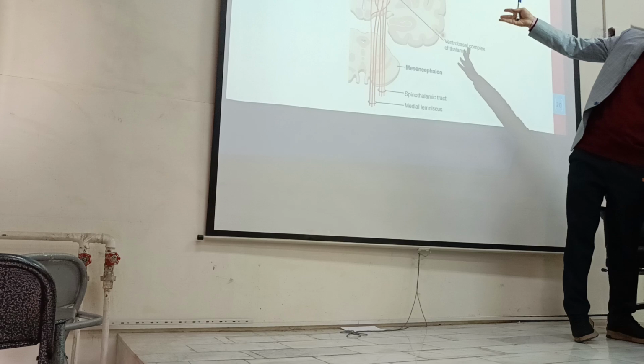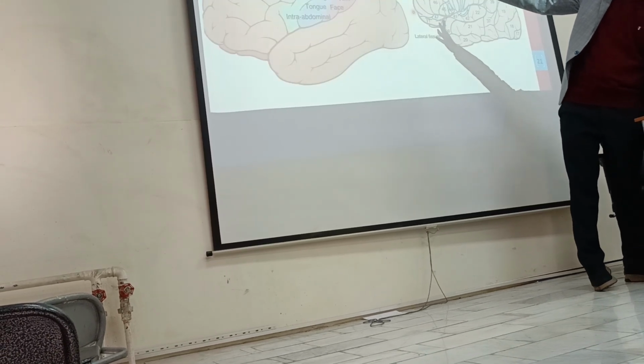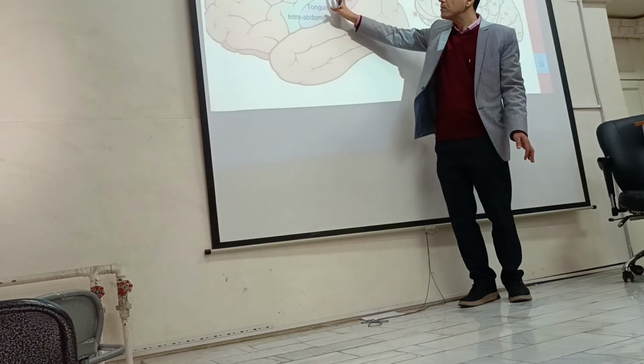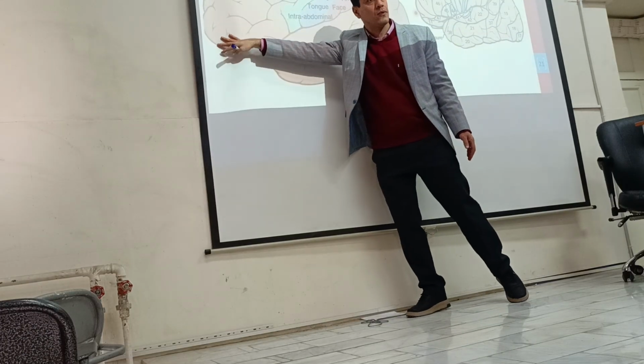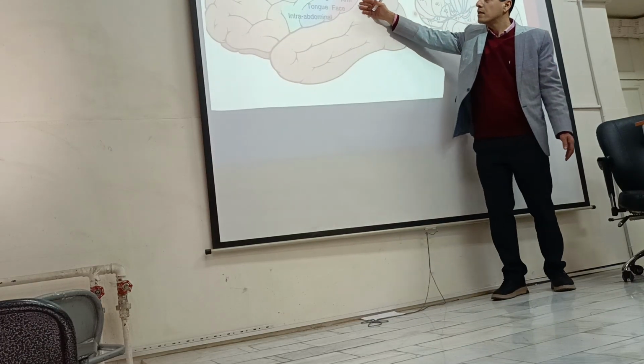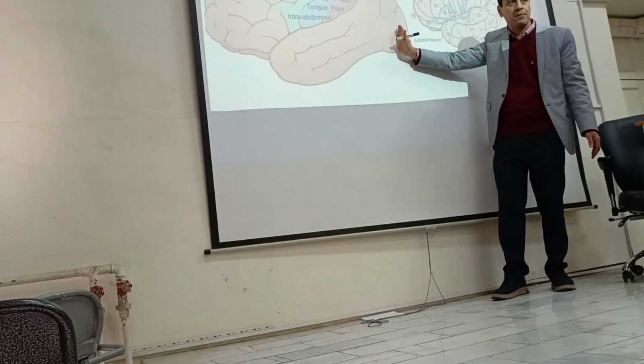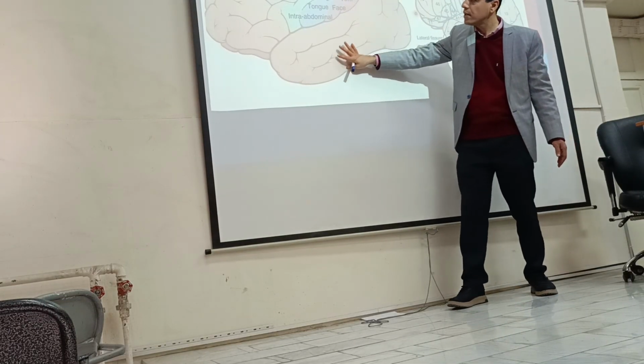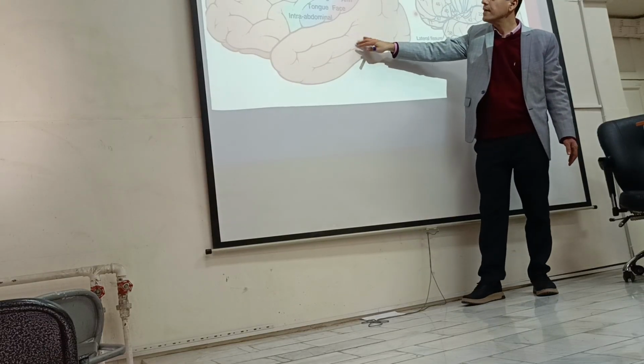Where is this part of the cortex located? Here. So we know that we have the frontal lobe, occipital lobe, parietal lobe, and temporal lobe, right?